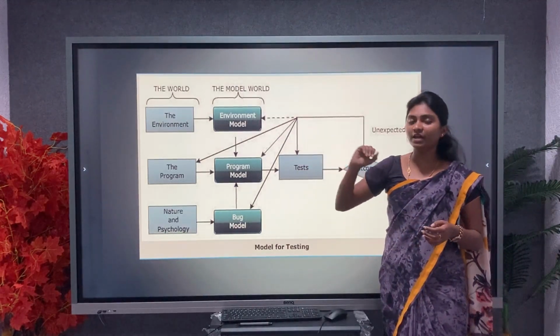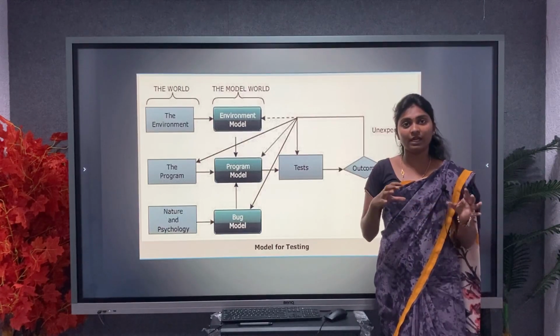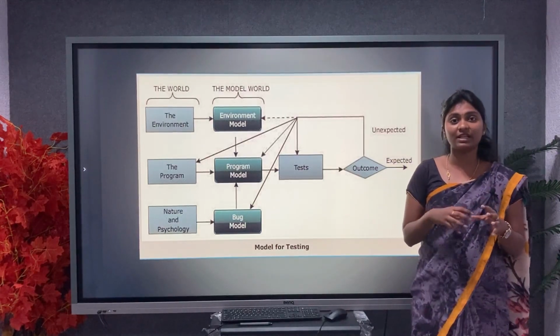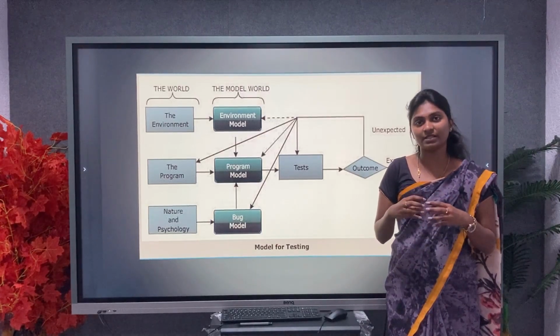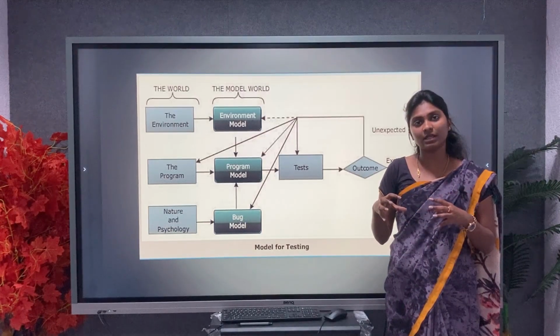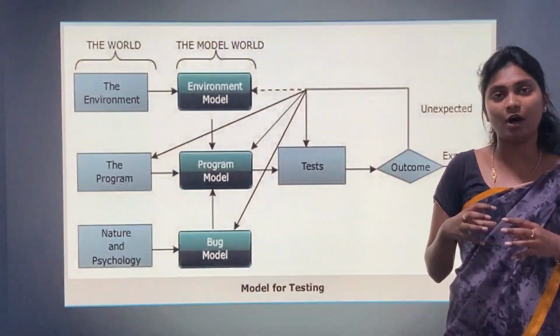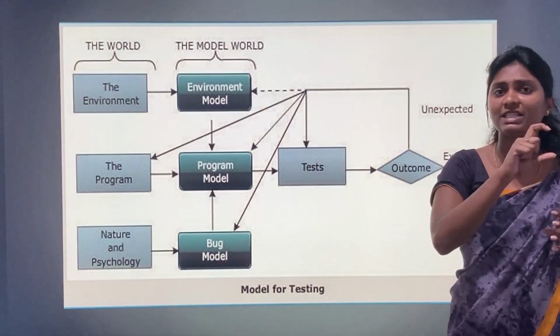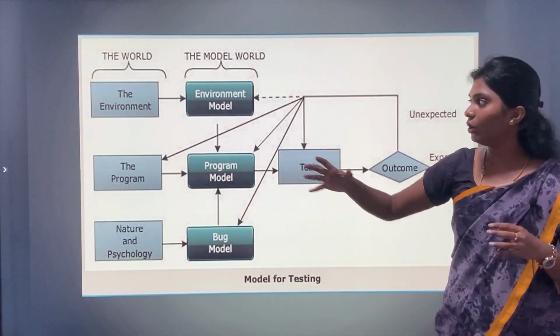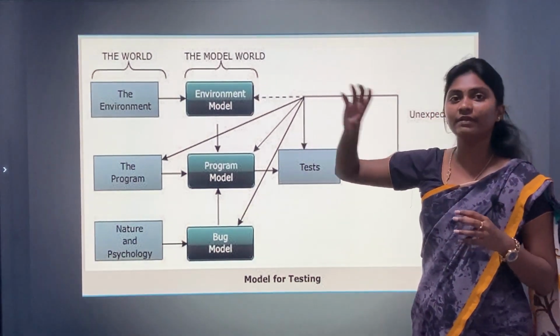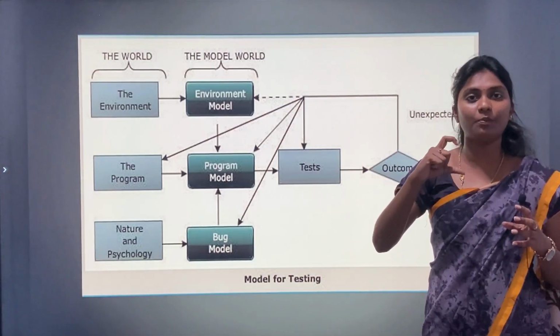So here in the environmental model we are using the first phases, which are the requirement analysis and the design phases. Design phase is nothing but modification of data, and analysis is nothing but each and every step will be predefined and executed. So in the environmental program we will define each and every program.